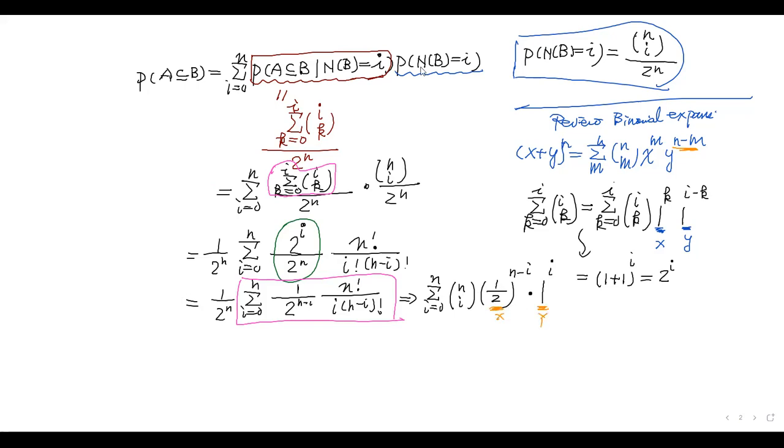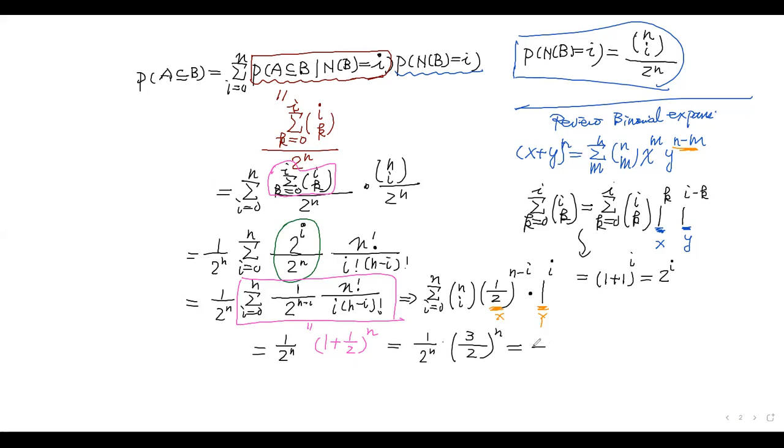All right. So now the whole pink part I can rewrite as x plus y, 1 plus 1/2, to the nth power. That's right. Okay, so I still have this 1 over 2 to the n in front of it. So this is 1 over 2 to the n times 3/2 to the n, right? So now I can combine.